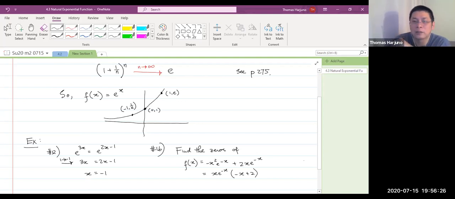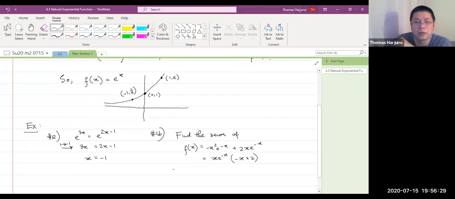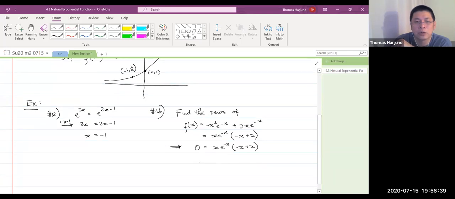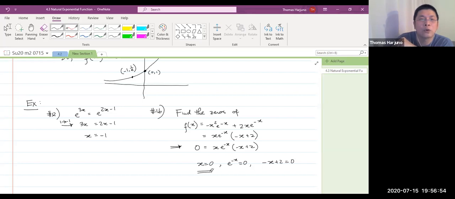Now, to find the zeros, I will set this function equal to 0 and then solve it. This function consists of 3 factors. So either x equals 0, or e to the negative x equals 0, or negative x plus 2 equals 0. We get one solution here. For the e to the negative x one, we have no solution.